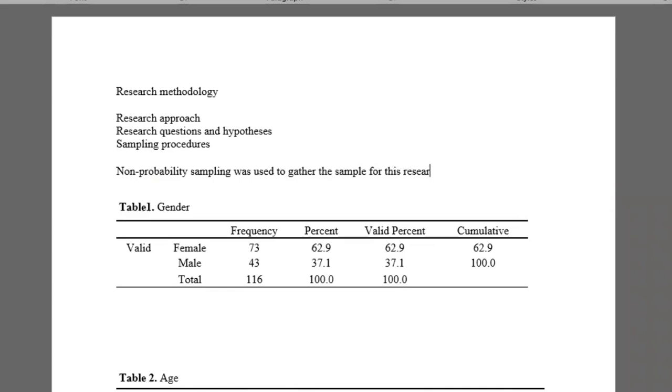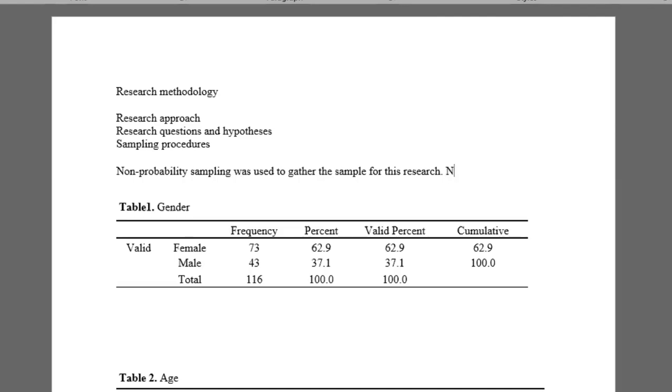Okay, so non-probability sampling means that every item in the population, that is the whole number of students, does not have an equal chance to be included in the sample. So this is called non-probability sampling, in contrast to probability sampling. This is according to Kothari 2004. We can just give a short definition.